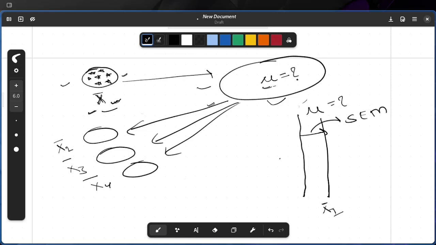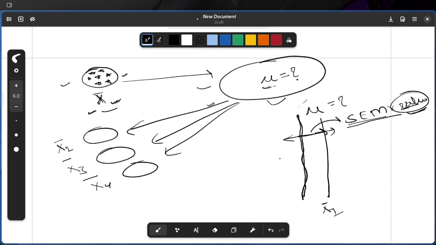What we do is multiply this value with a certain critical value, and this simply scales the SEM. It scales the SEM in a manner so that we can say how far we need to extend this in order to cover the population value.